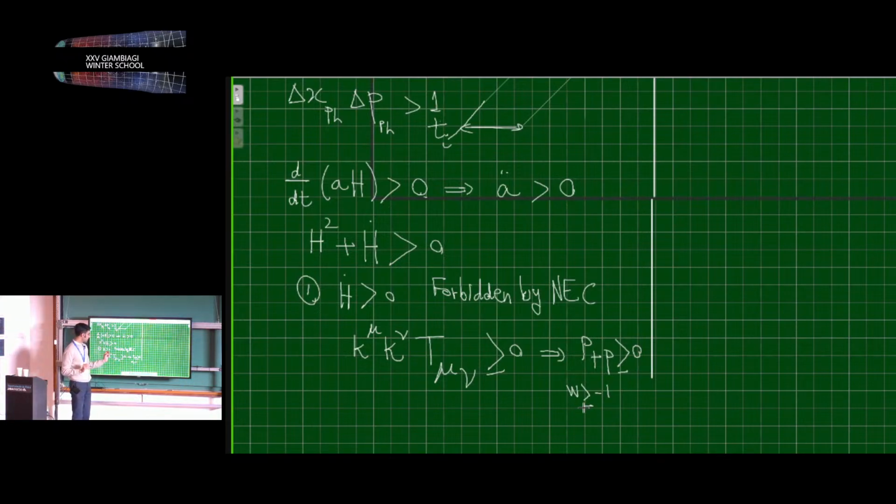So if this is satisfied, then you can easily show using the Friedmann equation and the energy momentum conservation equation that h dot cannot be larger than 0. h dot will be less than or equal to 0. So these conditions would imply h dot less than or equal to 0.